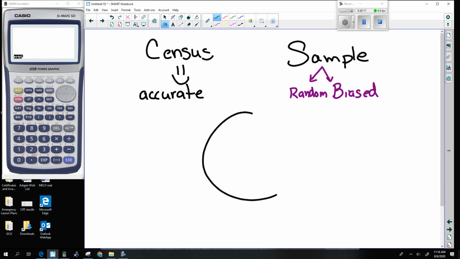And it boils down to the simple fact of, what is your population size? If your population is huge, let's say that this circle represents 3 million people, are you going to ask all 3 million people, are you left-handed?